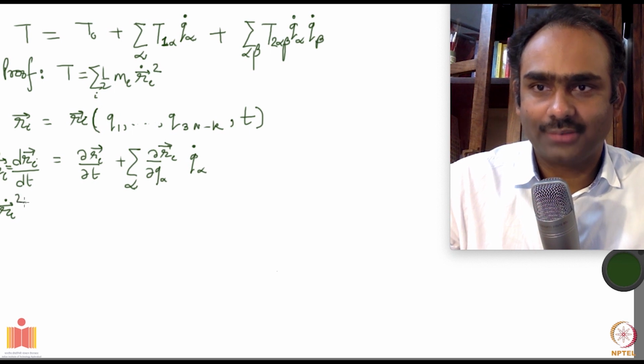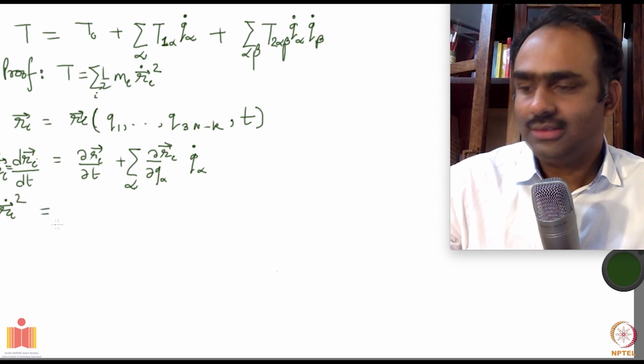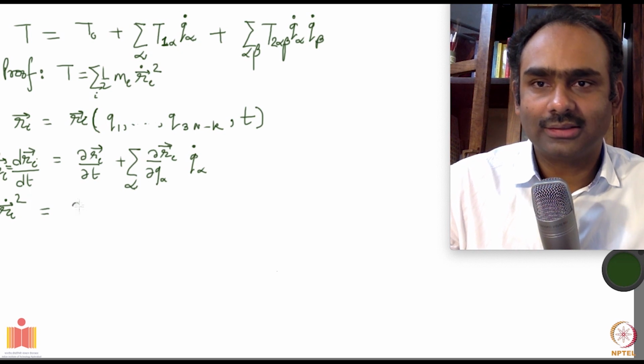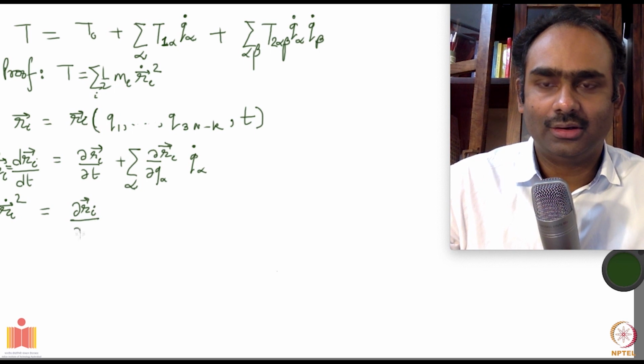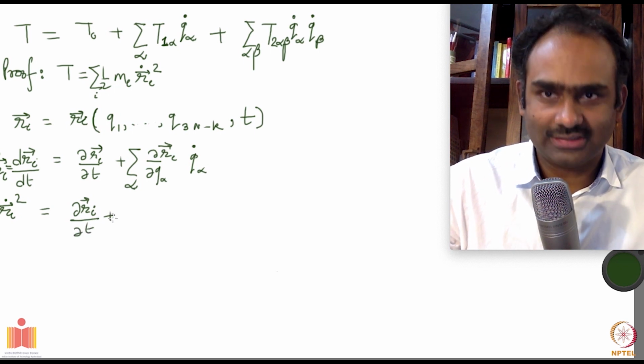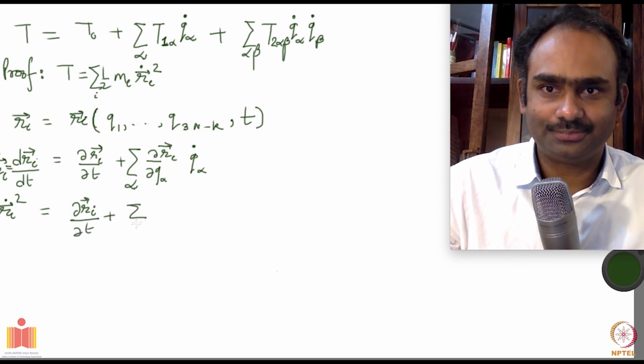r_i dot squared. So I write this as del r_i over del t plus the same thing which you have above.